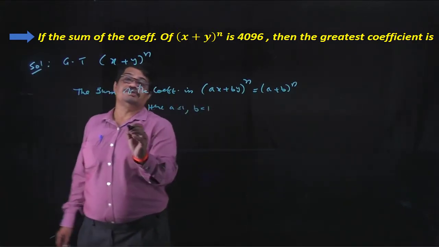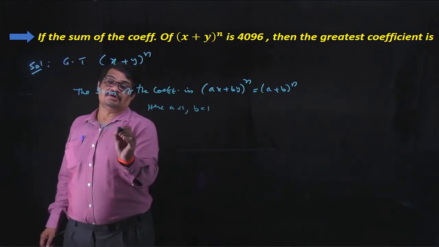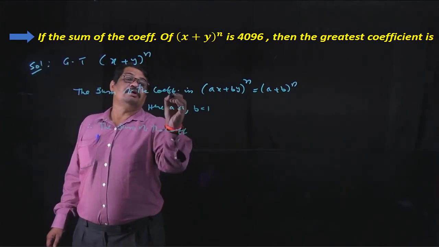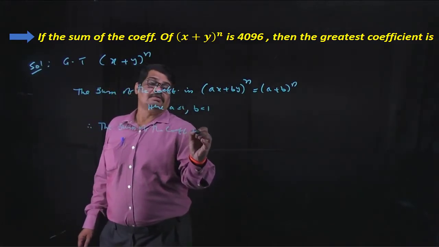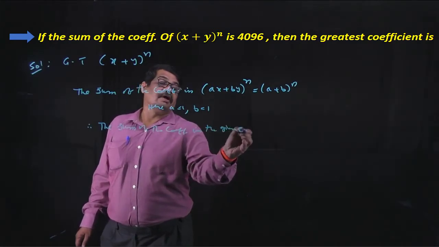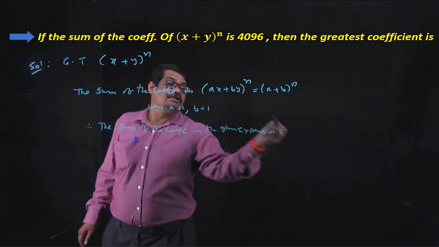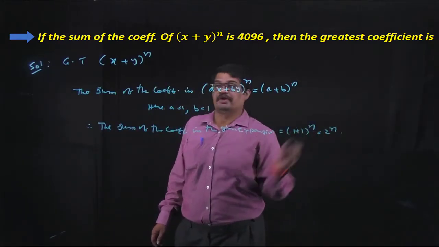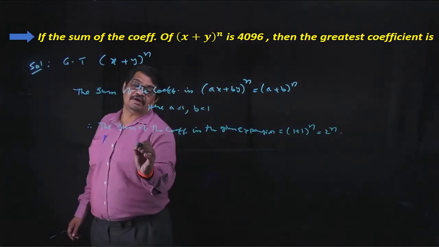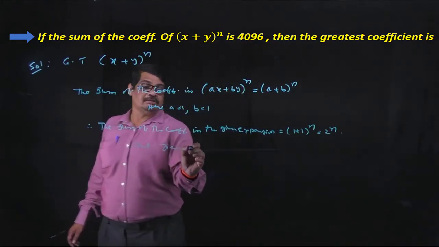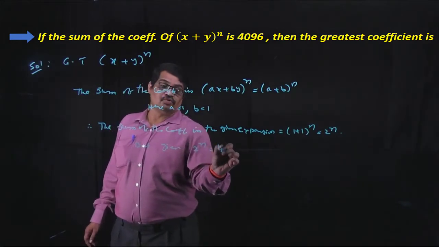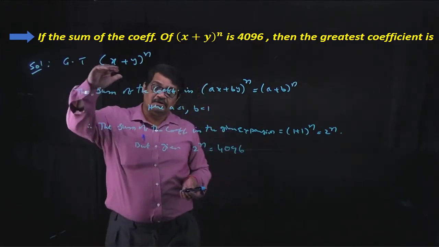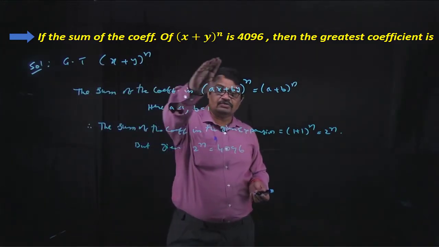So the sum of the coefficients in the given expansion is equal to (1 + 1)^n, that is 2^n. But given that the sum of the coefficients of (x + y)^n is 4096.